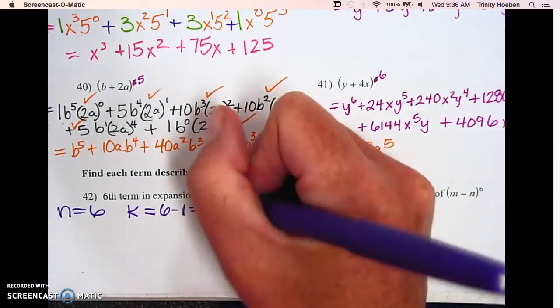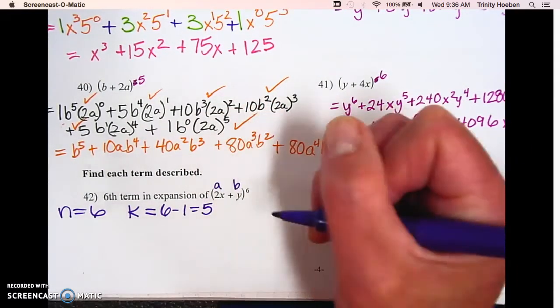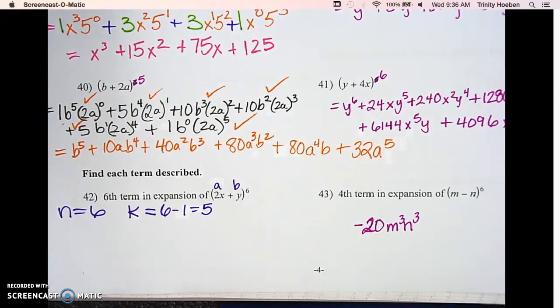In this case, our a is going to be 2x, and our b is going to be y. So I'm going to write it in terms of a and b first, and then substitute back in the 2x and the y. Some of you are so good at these, you can do it all in one pass, okay?